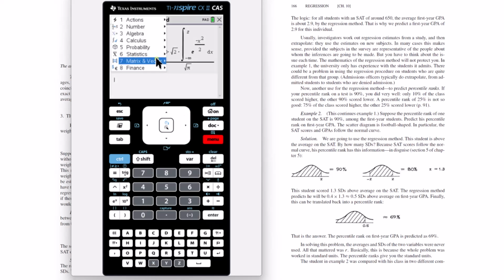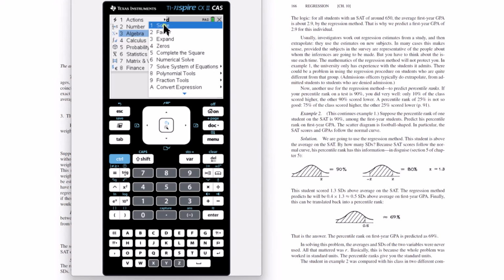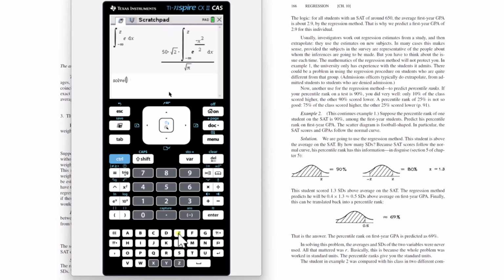Okay, so we want to solve this equal to 90 for z.